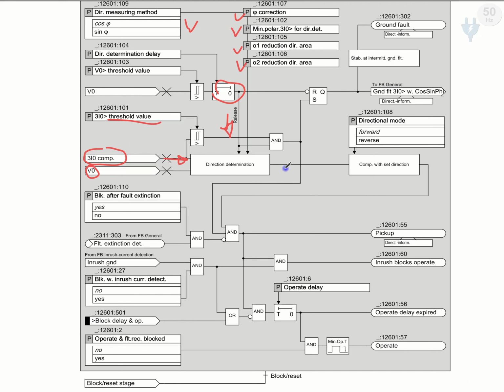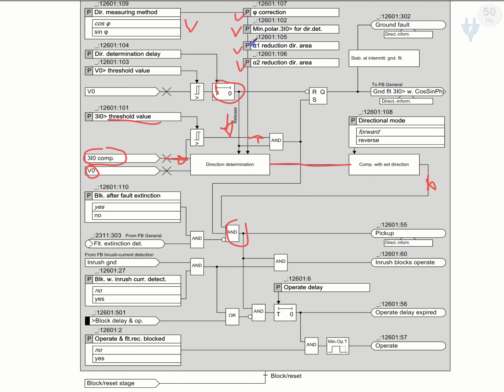And the output of this block is supplied to the comparison with the set direction, that is, which direction is set. Then this signal is supplied to another AND block, and this AND block also takes values from the zero sequence compensated current when it passes this threshold. Of course, this threshold is the zero sequence current compensated value threshold.